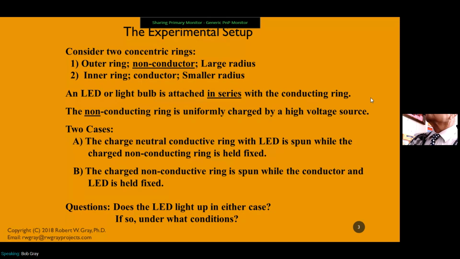So in both cases, there are no magnetic fields. I'm sorry, not in both cases. In case A, there is no magnetic field in the lab frame. There is none. And yet, the question is, will that LED light up or not? And if so, under what conditions?